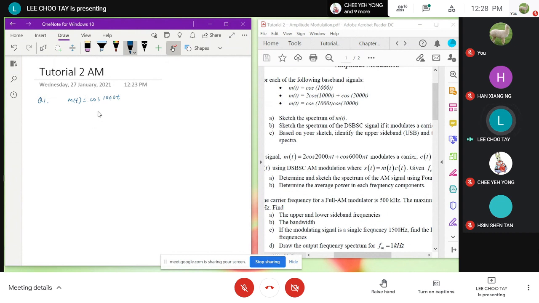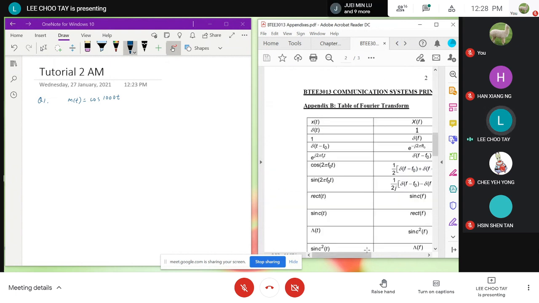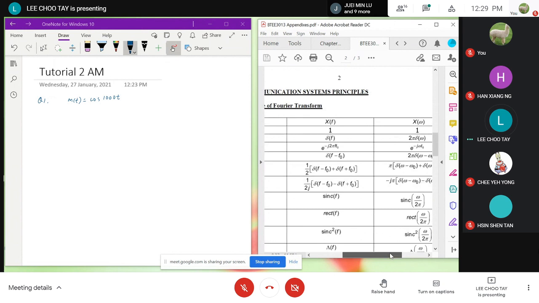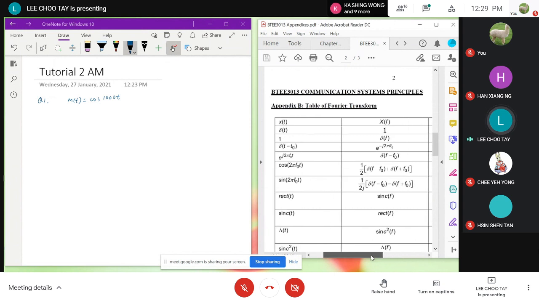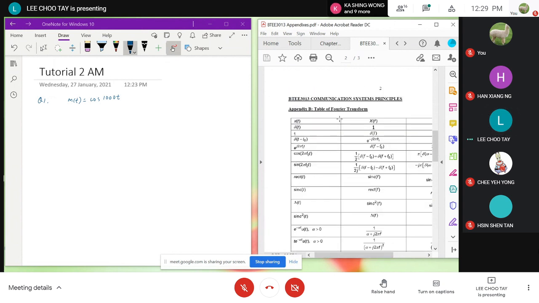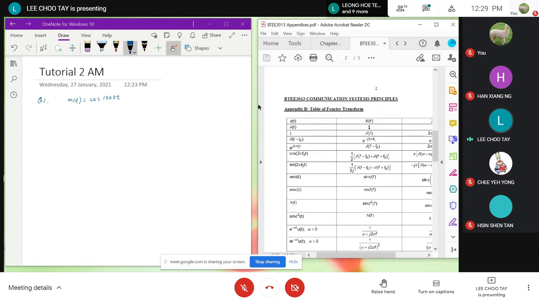I don't expect you to perform the mathematical conversion. You can make use of the list of conversions, the equations that I give you in Appendix B.